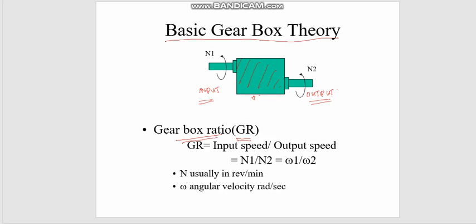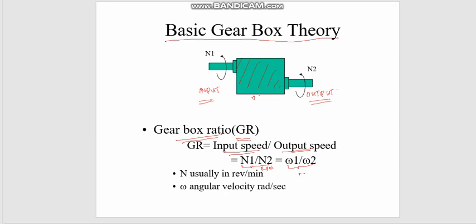And gearbox ratio is simply the input speed over the output speed, and the speed can be either in RPM, so N1 and N2, so this is RPM, or it can be in the form of angular velocity.